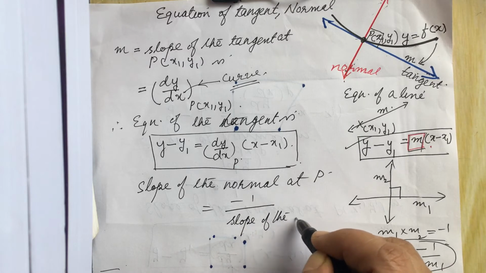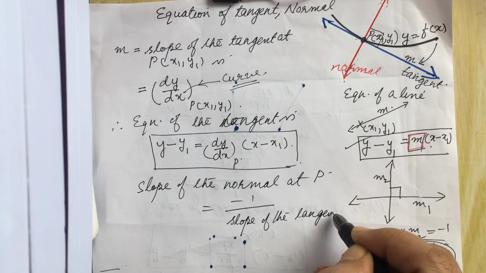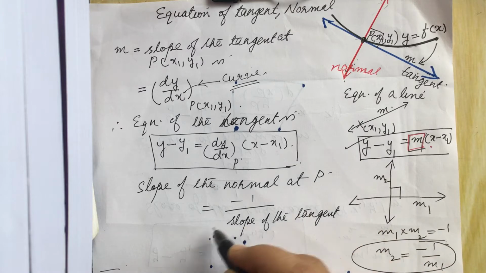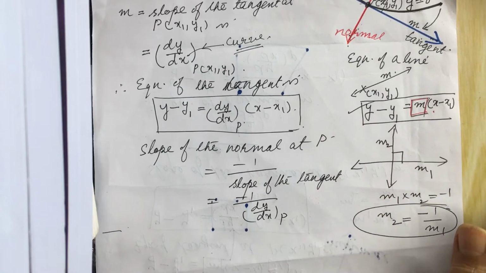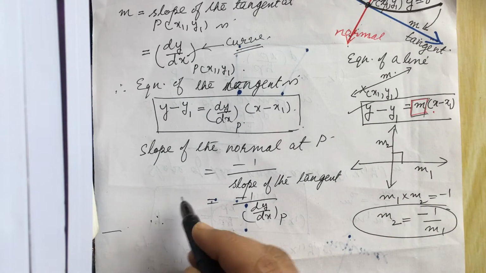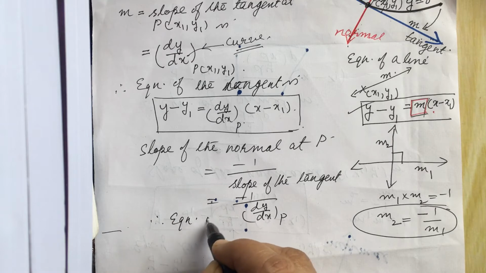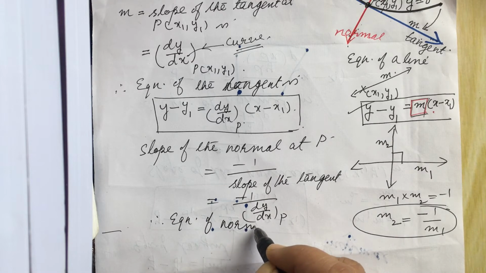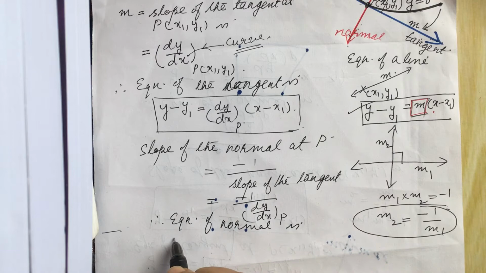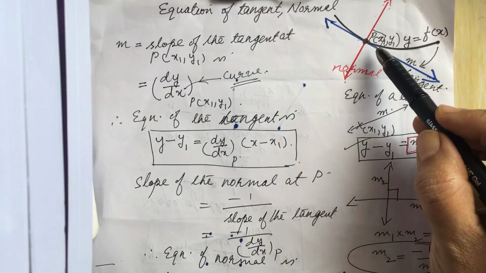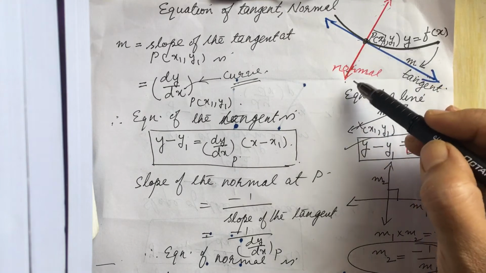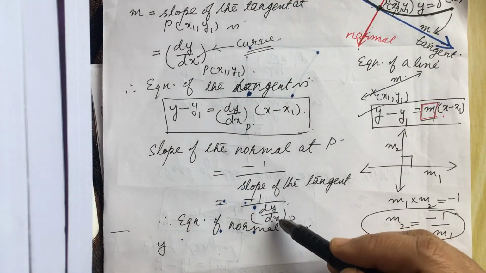Slope of the tangent at P, so that means it is minus 1 by dy by dx at P. Therefore, the equation of normal is, this point is x1, y1 and the slope we know is minus 1 by dy by dx.